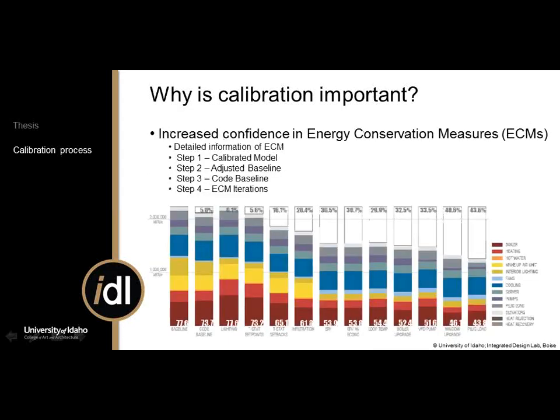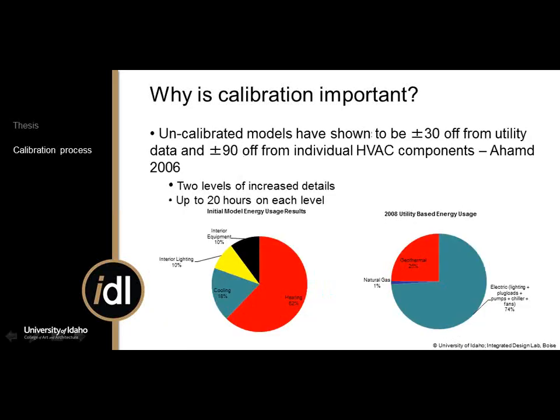So Jake is going to talk more about the ECMs. Actually, I want to mention one more thing about this slide in terms of why calibration is important in terms of predictive energy modeling, right? So we've all heard the studies and the lawsuits against LEED, for instance, about whether LEED buildings actually save energy.